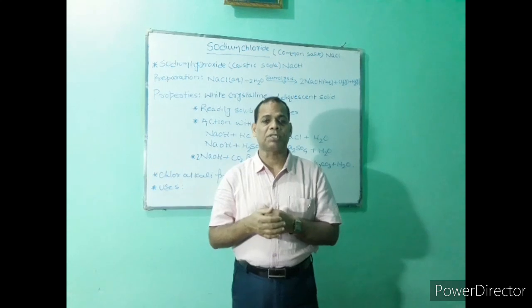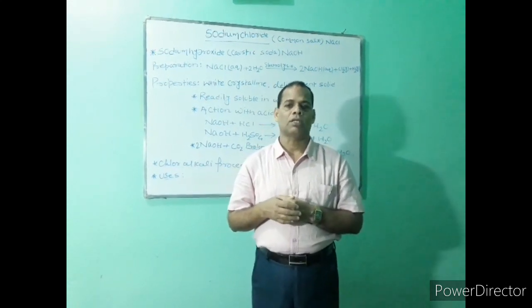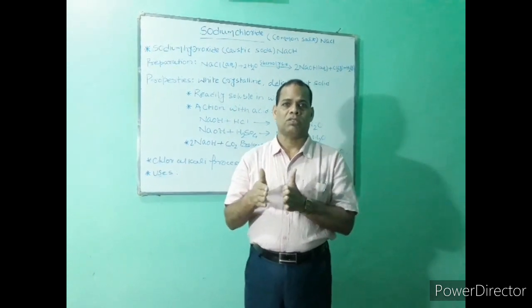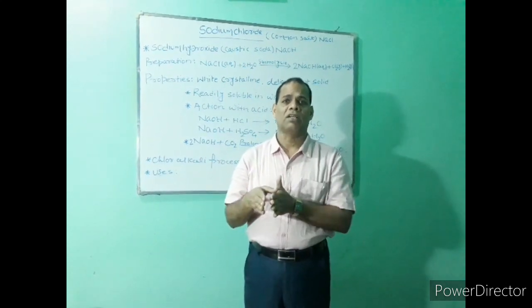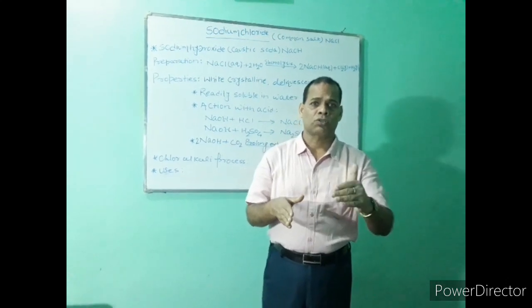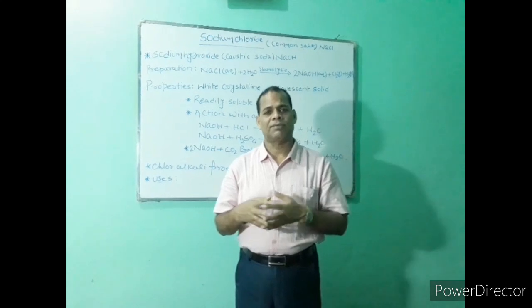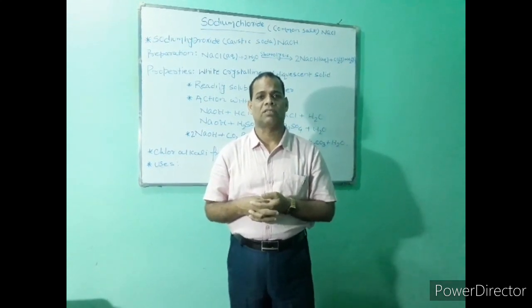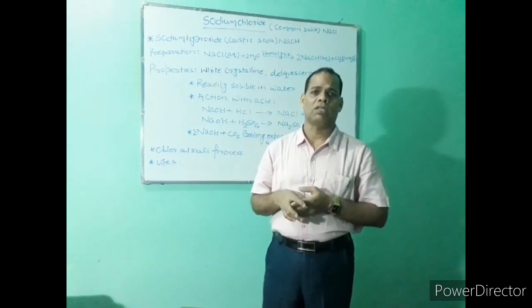Why do we discuss this compound sodium chloride? Because it is used as a raw material to prepare so many chemical compounds, as for example, caustic soda, sodium hydroxide, baking soda, washing soda.